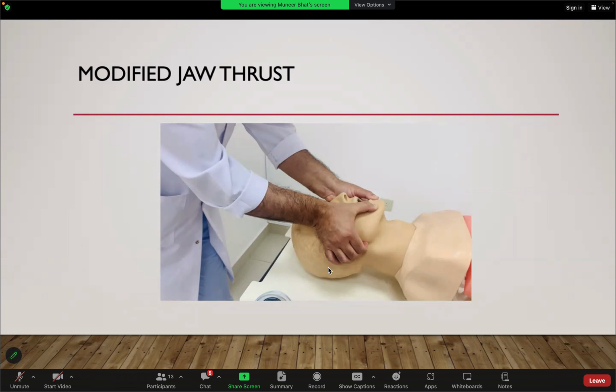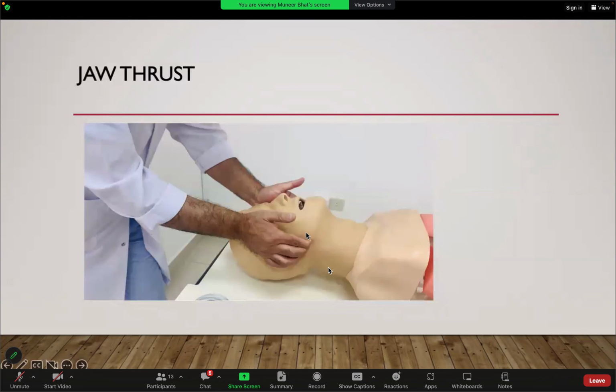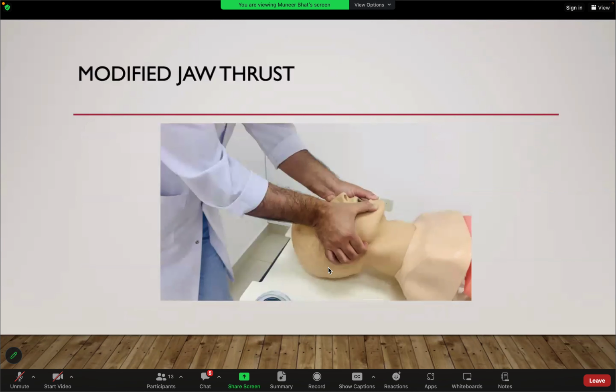Now in modified jaw thrust, at the same time, here I was not using my thumb, but the mouth was open. Sometimes the mouth is closed. In order to open that mouth, we can use our thumb. At the same time, we are doing the jaw thrust, but we are trying to open the mouth in order to get airflow inside.